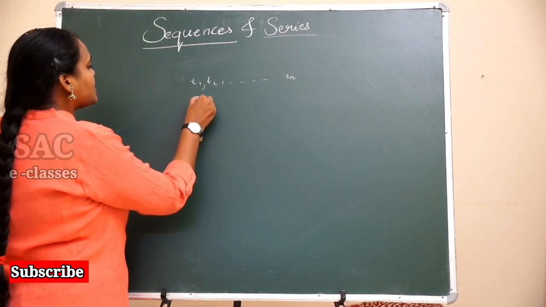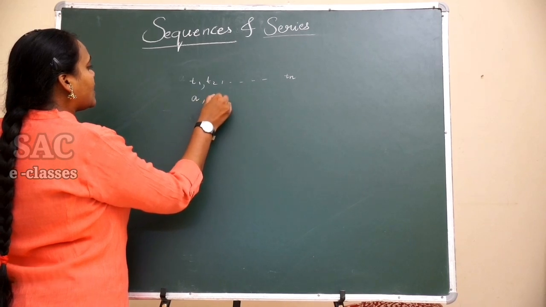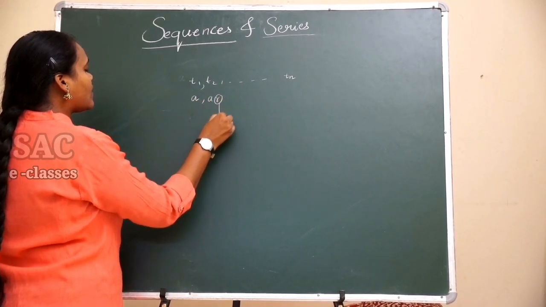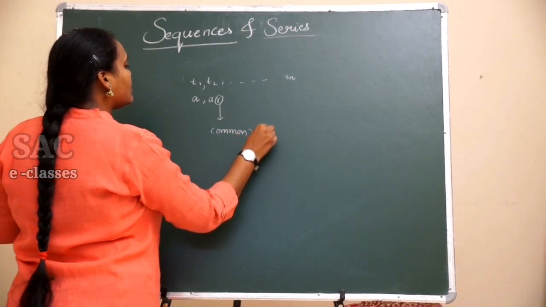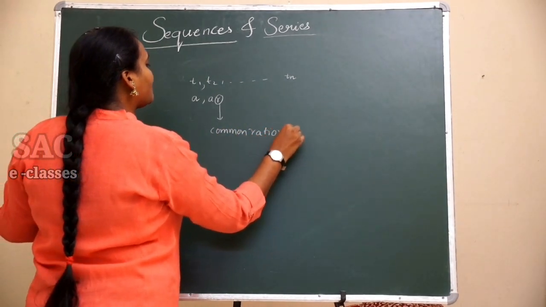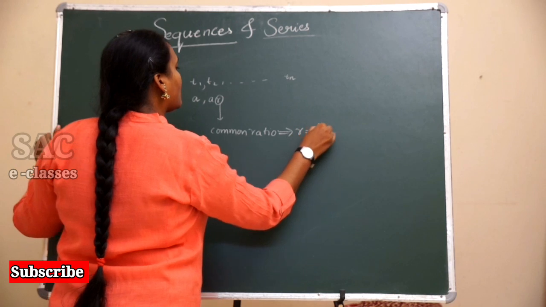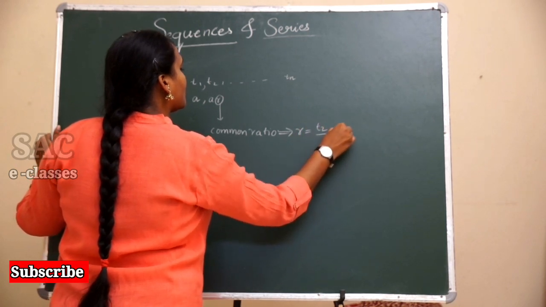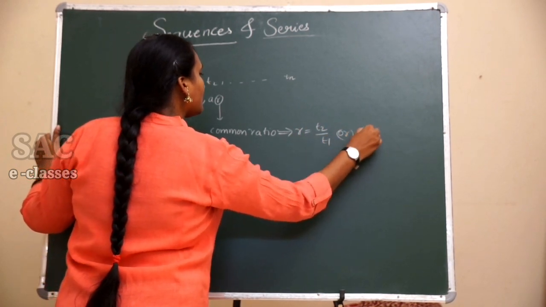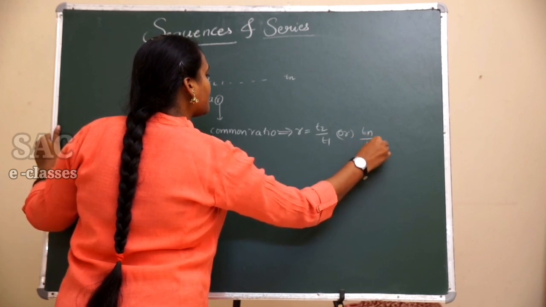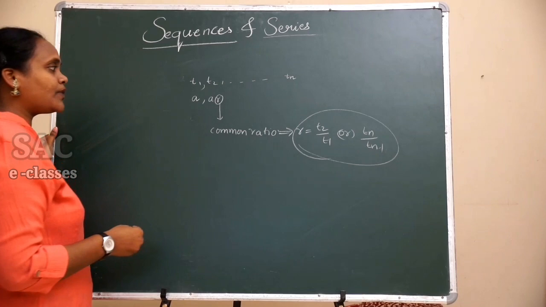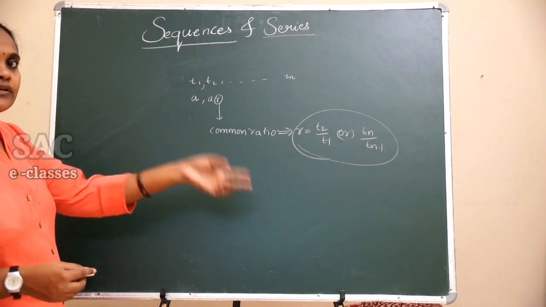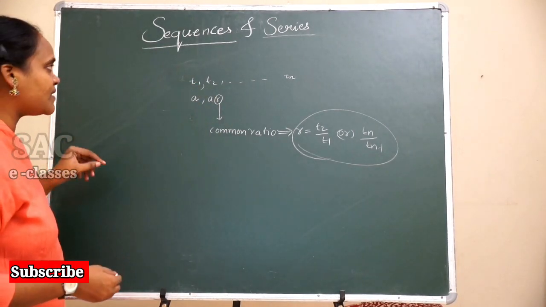The terms of a GP are a, ar, and so on, where r is called the common ratio. r can be found using T2 by T1, or Tn by Tn minus 1. That means the ratio between any two consecutive terms in the GP is always the same.